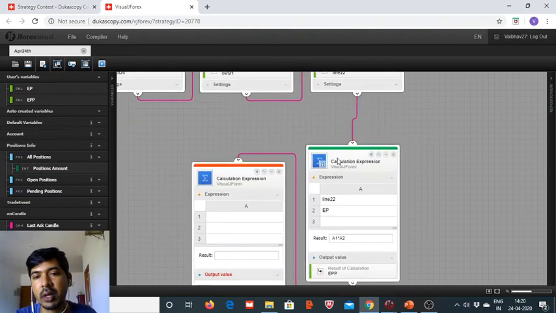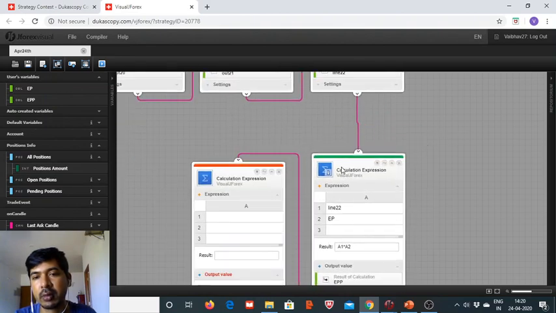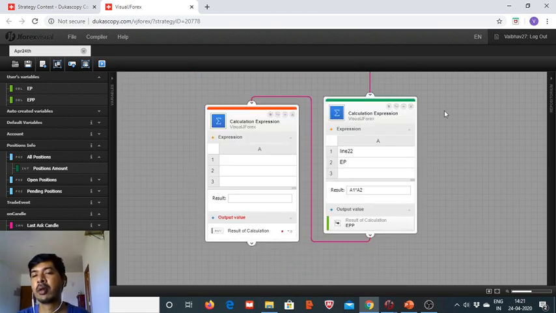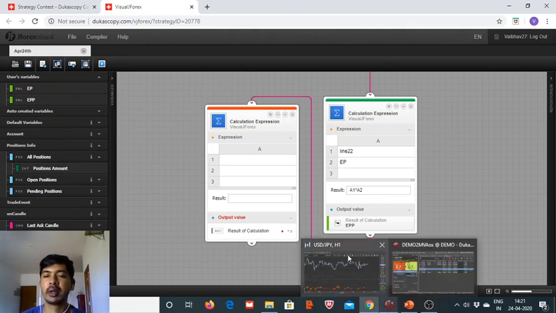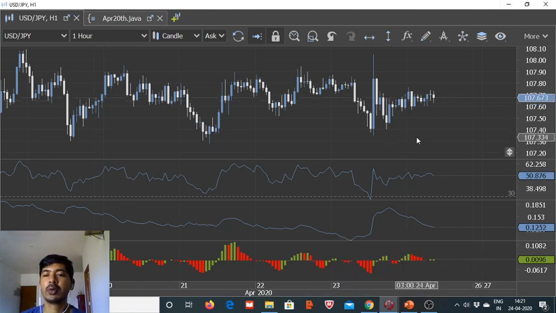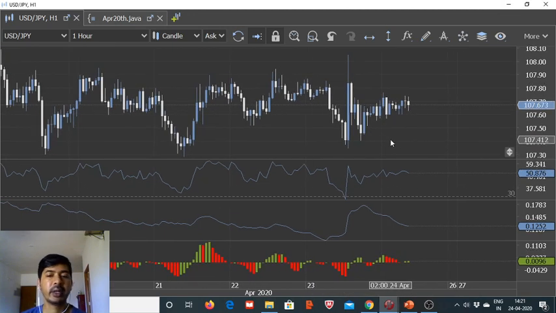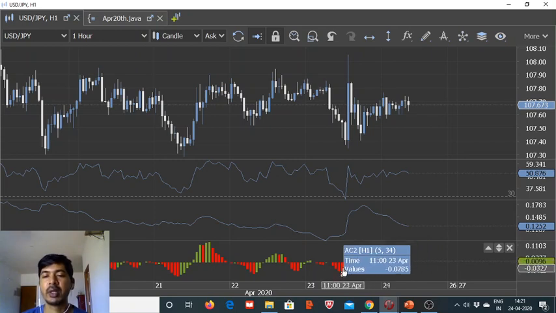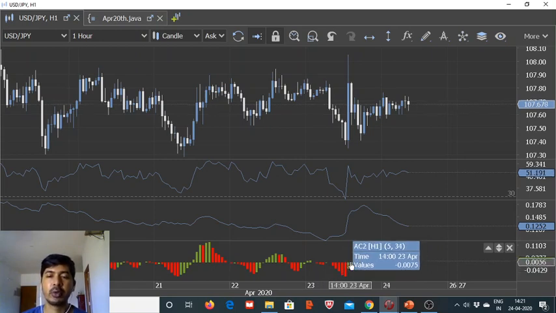Okay, so the result of the calculation is with us, and now we need to define the entry and the exit point. So as I had explained to you on the chart, the basic idea is very simple. We are simply looking at the trend change when the momentum turns from bearish to bullish, provided the RSI condition is fulfilled.